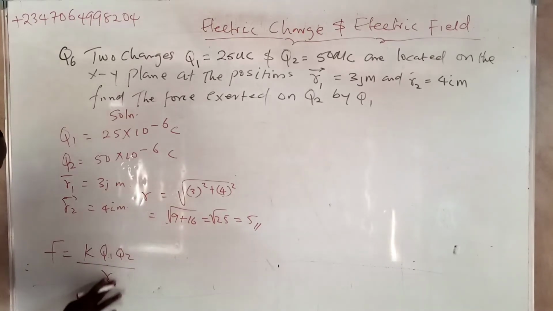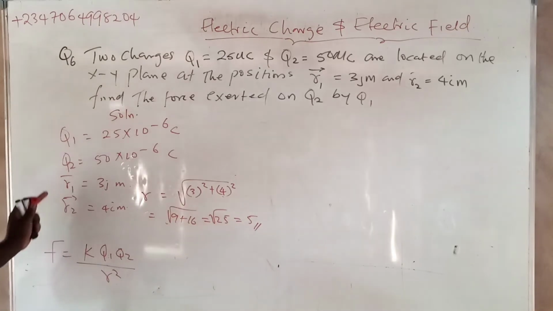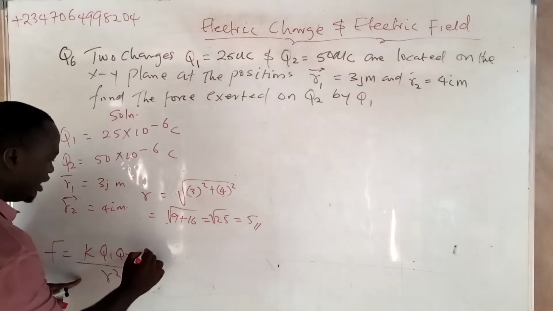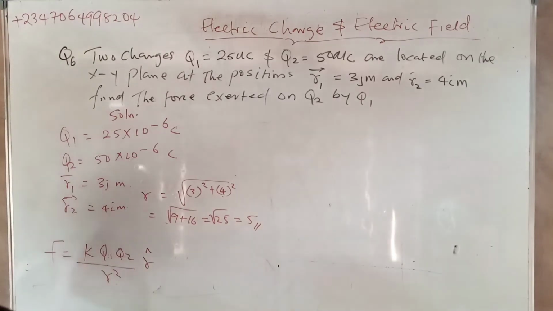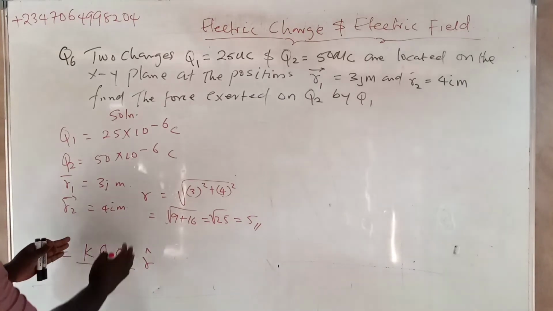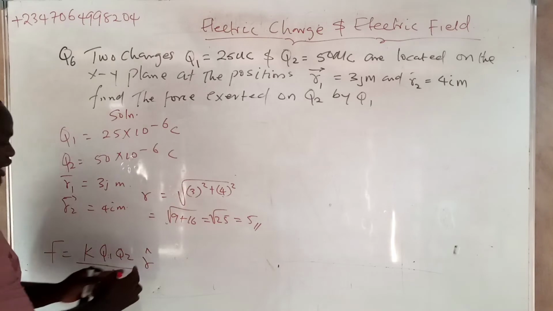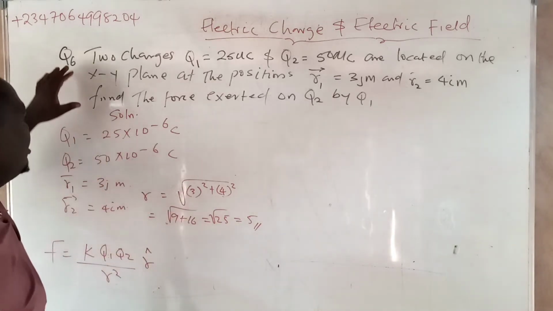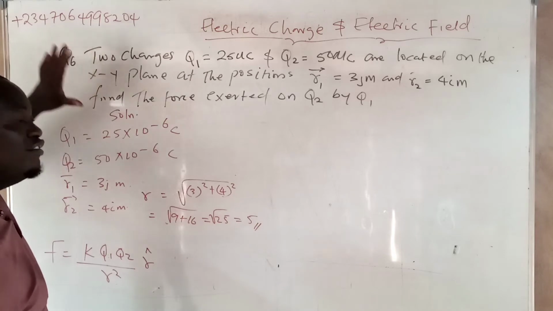Now, since we have two vectors attached to this question, it will then be something like that. I'll put R and I'll put this symbol. If you know vectors well, immediately I put this symbol, it means that if you put the formula for electrostatic force, you attach it to that of the unit vector, because this is a calculation of electrostatic force involving vectors.